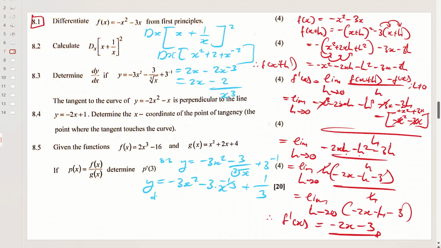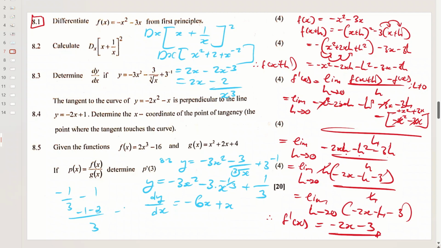So now taking the derivative of this using the notation that was given, it is going to be negative 6x. Okay, so this is going to give us 3 into x. So you'll have 3 all over 3. That's 1. And then negative 1 over 3 minus 1 is 3 into negative 1 minus 3.